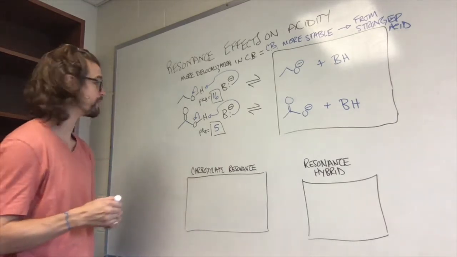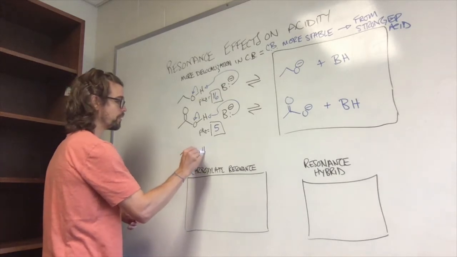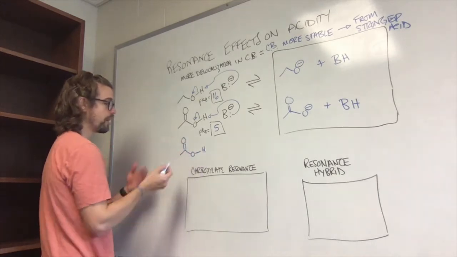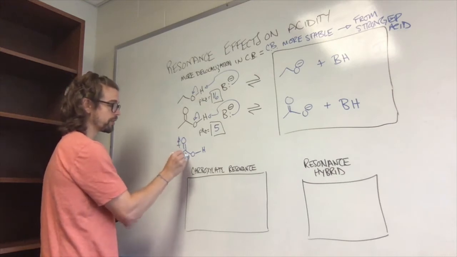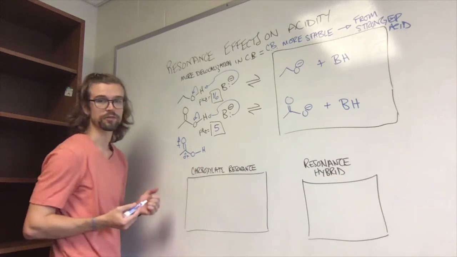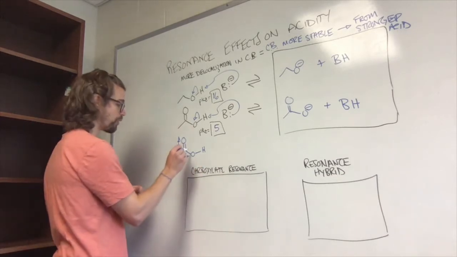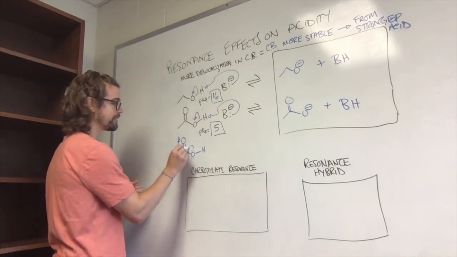So one thing that you can think about is just what we talked about in the last video, induction. So this oxygen is pulling electron density away from there, putting a partial positive there, and that's going to be shuttling electron density away from this hydrogen. But even to a greater extent, we can also see that resonance is a factor.